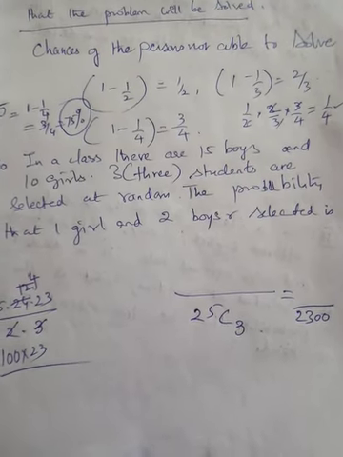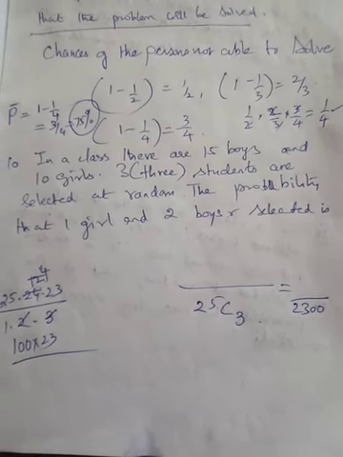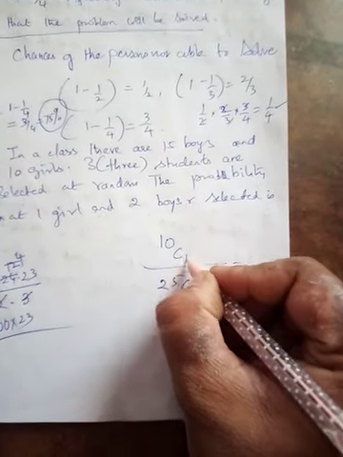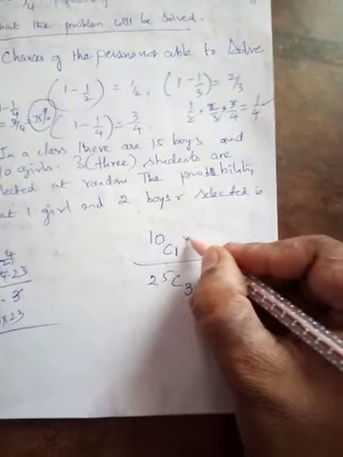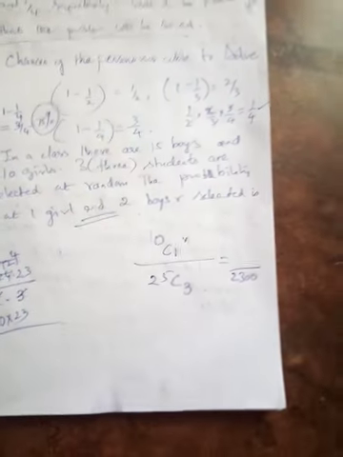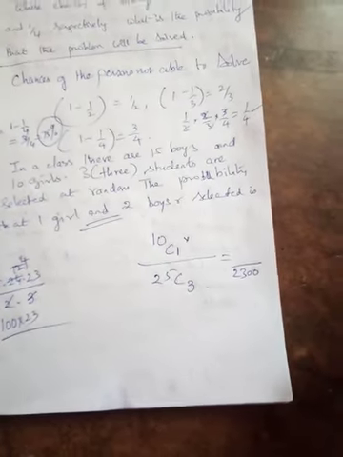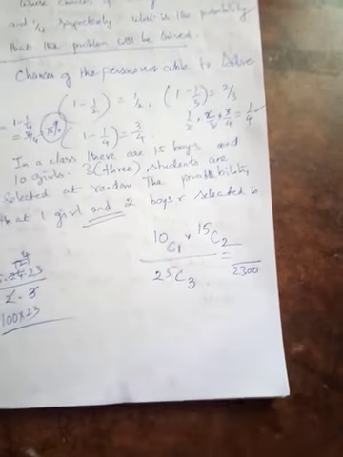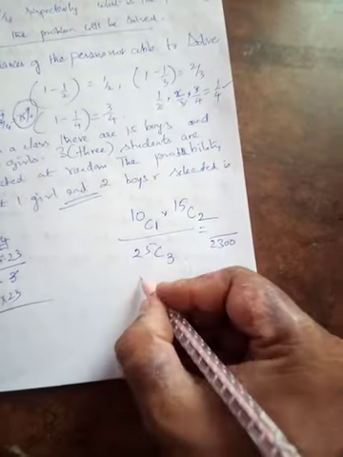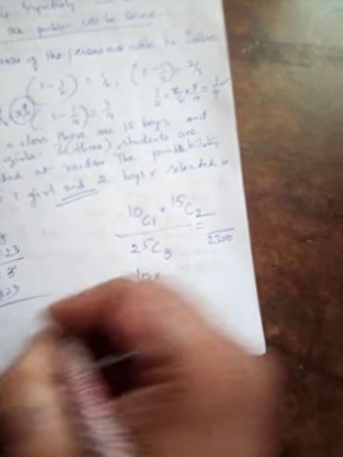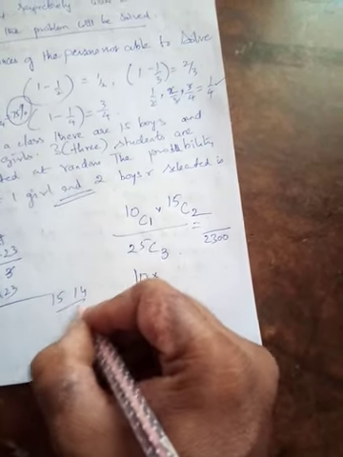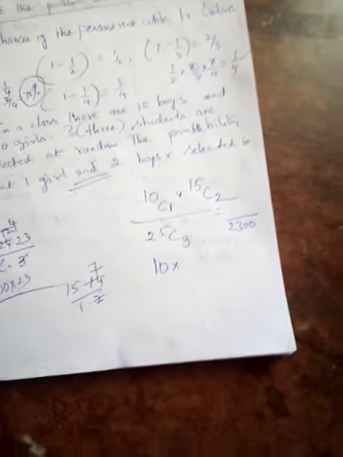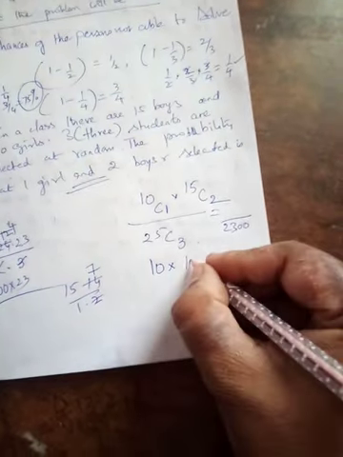Let's go to the numerator now. One girl must be selected. There are 10 girls, and we have to take only one. In the same way, two boys are to be selected out of a total of 15. Total 1 plus 2 is 3. So 10C1 is 10, and 15C2 is 15 into 14 by 1 into 2, that is 105.